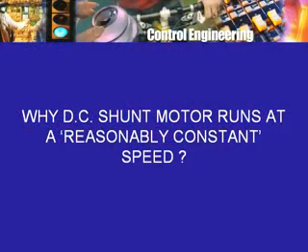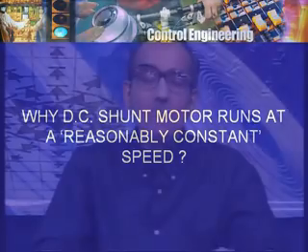Now, I said earlier that a DC shunt motor, by its very nature, is something which runs at a nearly constant speed. Although if you do these calculations, and I would like you to do these calculations, for these you can look at your textbook and take the figures from there, or do it the way I have done it, that is, assume 30 Newton meters at 1500 rpm, and take for Ra some simple number like even 1 ohm.